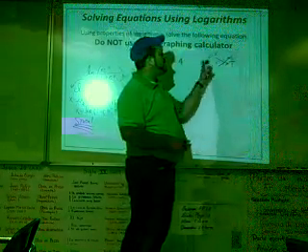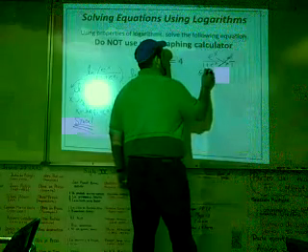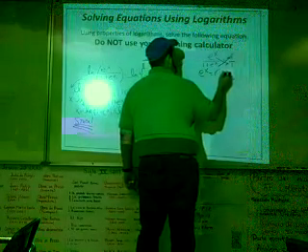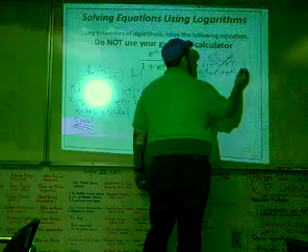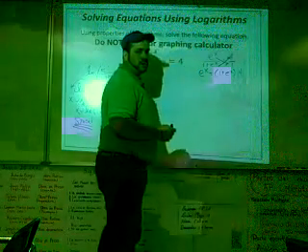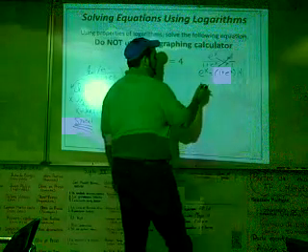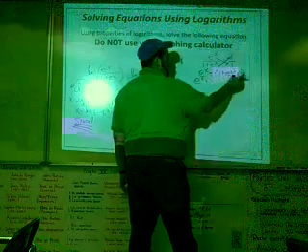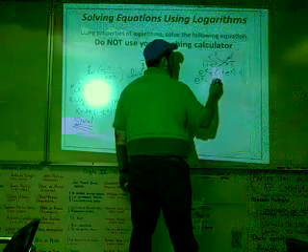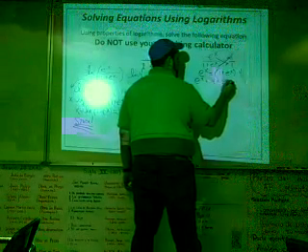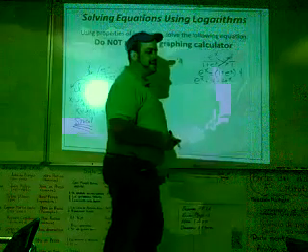I cross multiply. e^x times 1 is e^x. 1 plus e^x, all of that gets multiplied by 4. Okay, looks simple enough. I can distribute on the right. 1 times 4 is 4. e^x times 4 is 4e^x.